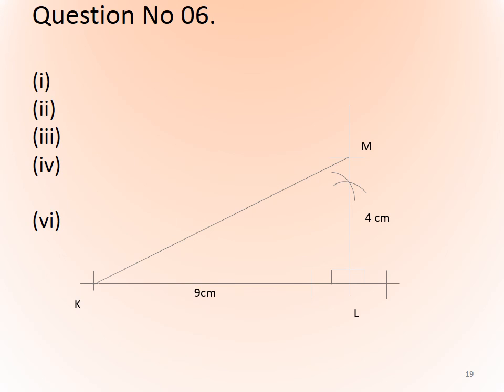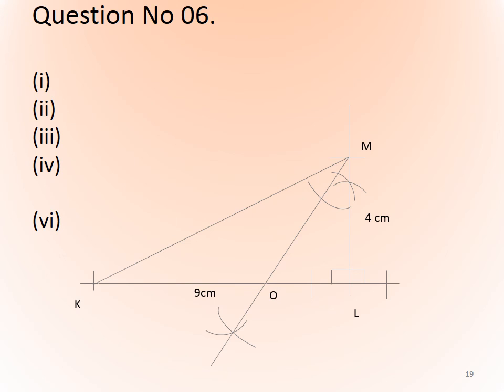Next one, construct the angle bisector of KML. Draw an arc here, then draw two intersecting arcs and draw this straight line. Name the point where it meets KL as O.